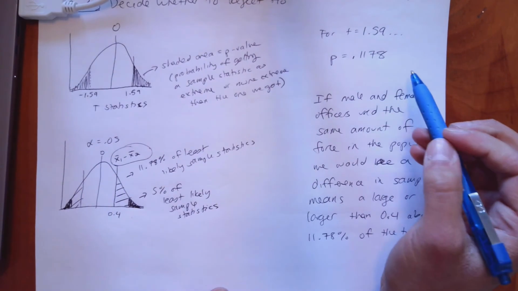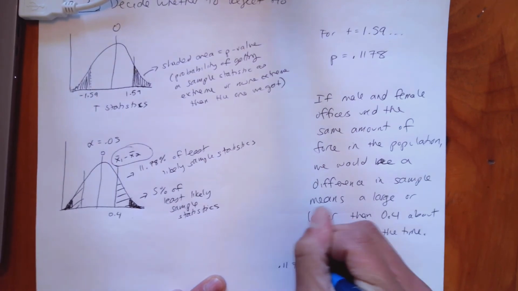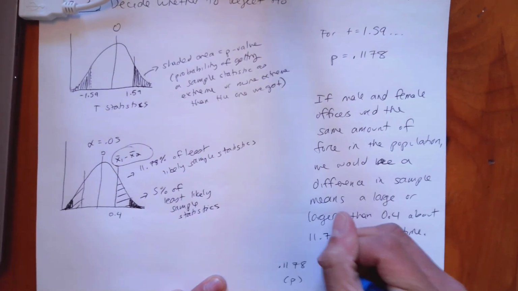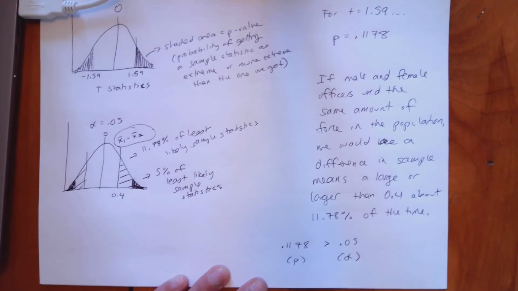Because our p-value is larger than our alpha level, we fail to reject the null hypothesis.